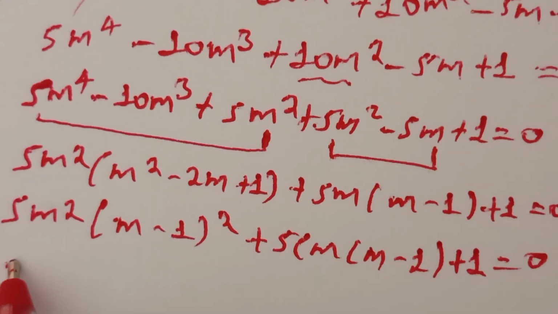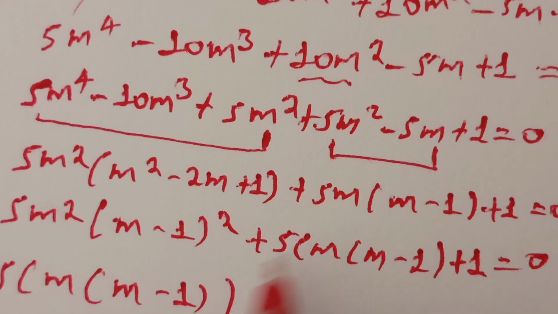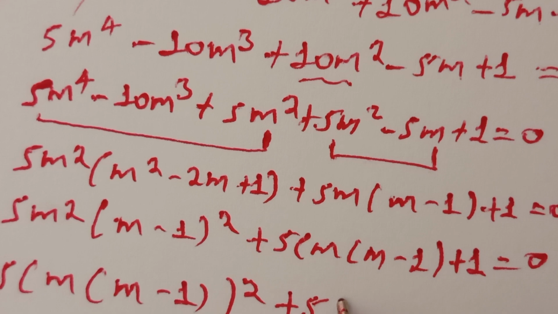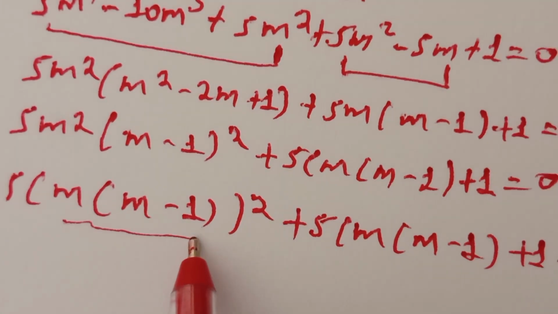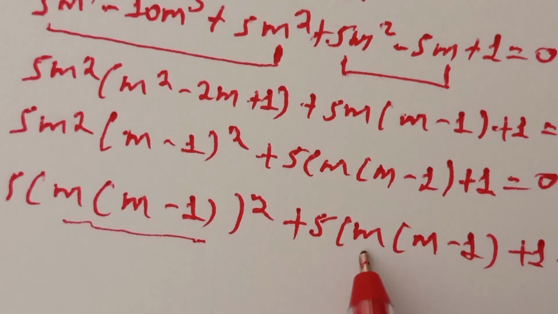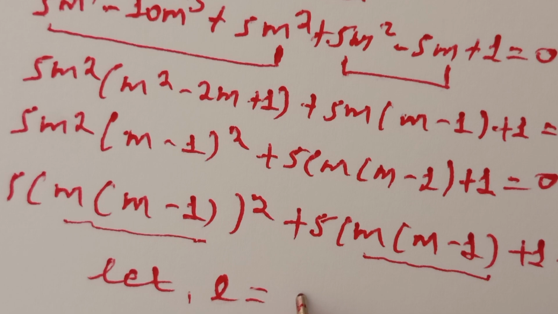5 into (m minus 1) squared plus 5 into (m minus 1) plus 1 is equal to 0. m into (m minus 1) and m into (m minus 1) as a common, so let L is equal to m into (m minus 1).